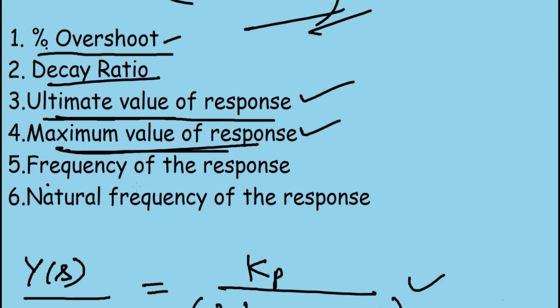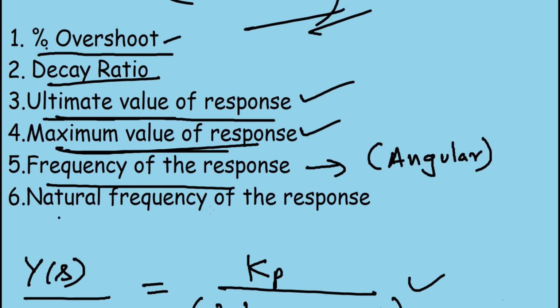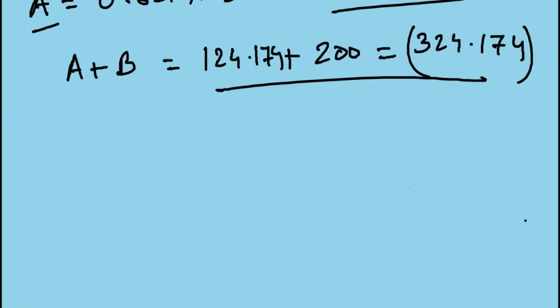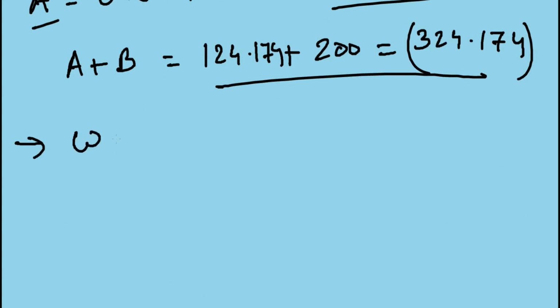Now what is the frequency of the response? We will calculate the angular frequency. Both for frequency and natural frequency we will calculate the angular ones, that is omega and omega n. So what is omega? I have explained above what omega is. Omega equals root of 1 minus zeta square divided by tau.